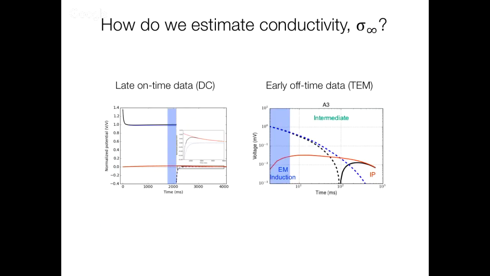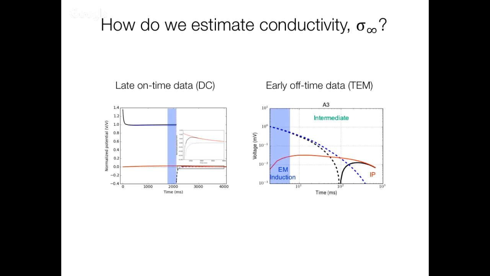So how could we estimate sigma infinity? We've got a couple things. One is we've got the DC data. So we could go ahead and invert the DC data. That would give us a conductivity. That conductivity, unfortunately, is contaminated with chargeability because at DC, you're looking at something that's fully charged up. So often it doesn't make that much difference, but there is something there to be thought of.